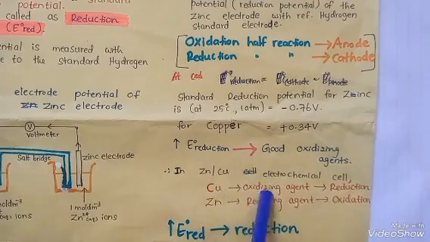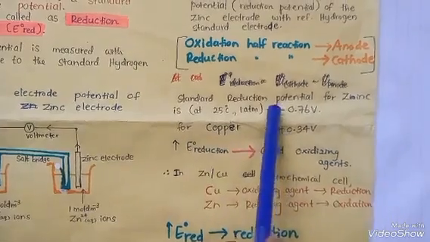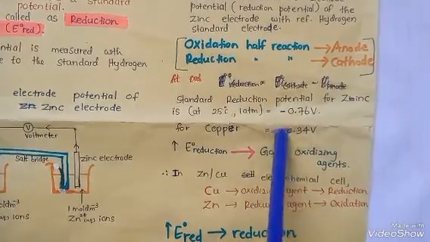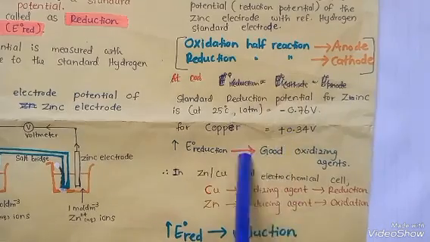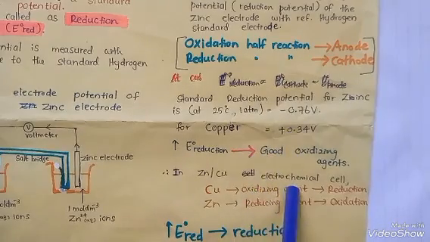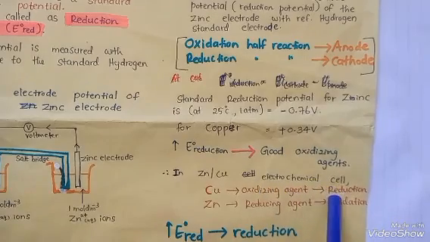In the zinc copper electrochemical cell, copper is the oxidizing agent because, of these two, copper has the higher reduction potential. So it undergoes reduction, because the oxidizing agent undergoes reduction.